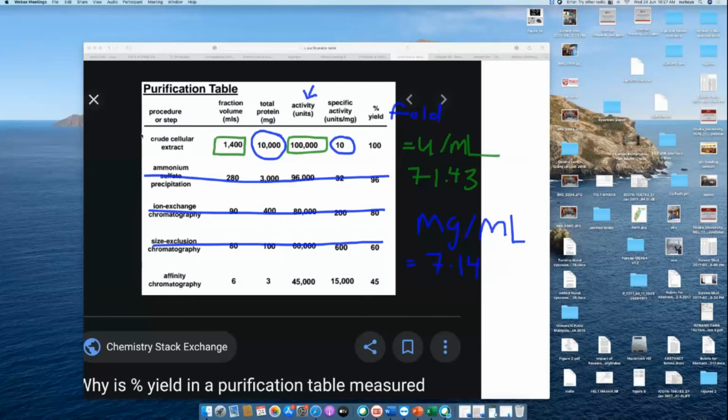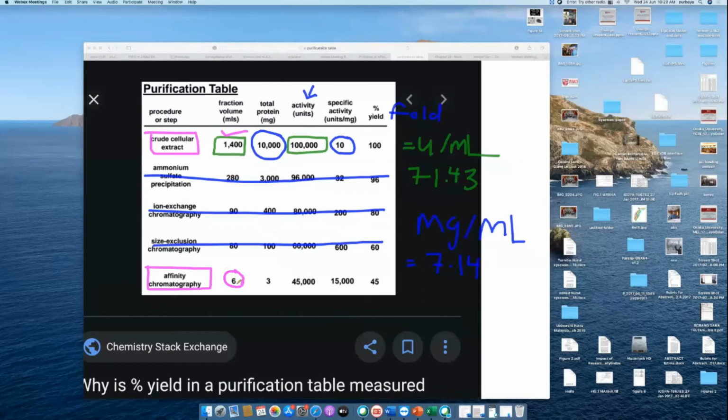So our purification table will have only the crude result and the affinity chromatography result. For example, we start with 1,400 ml, and after the affinity chromatography, we end up having only 6 ml.